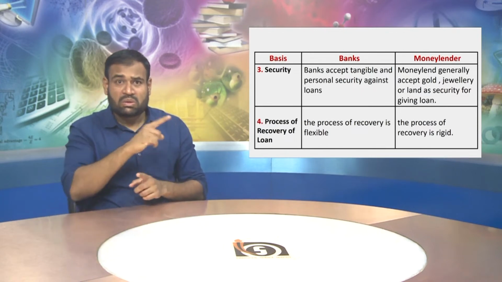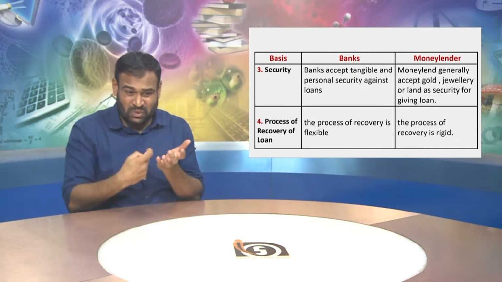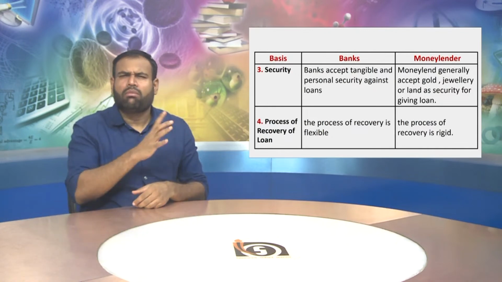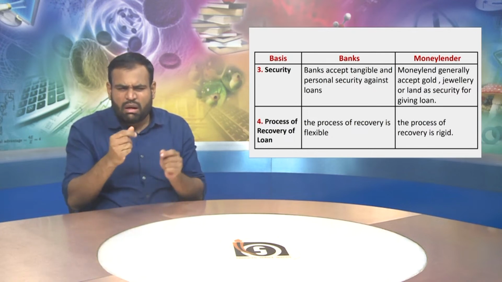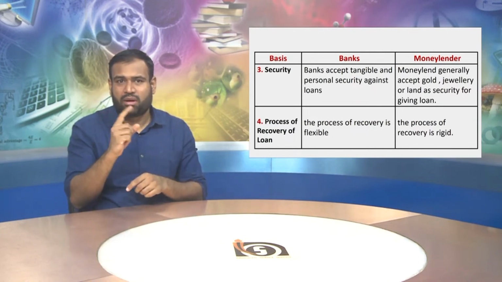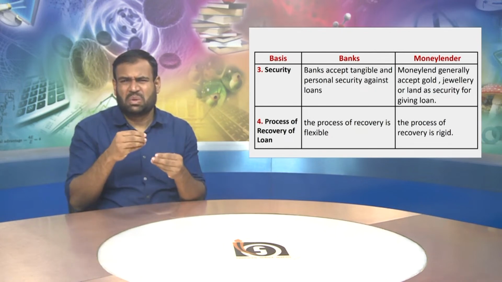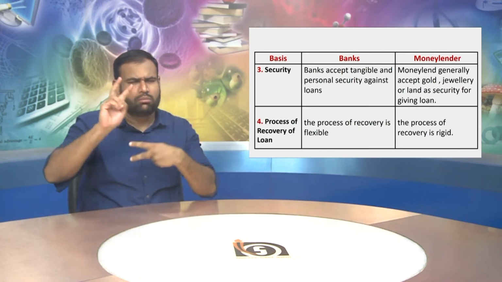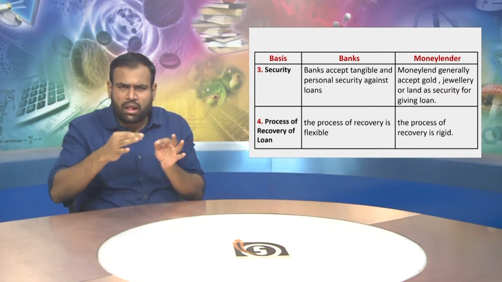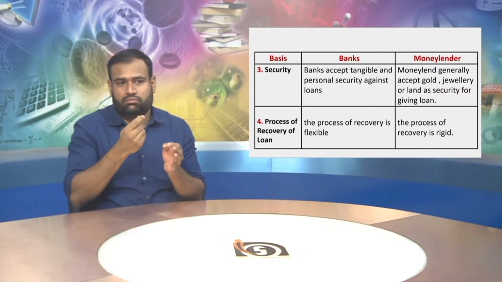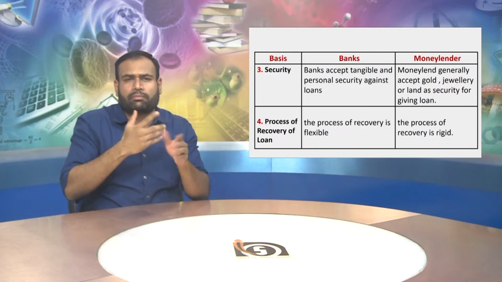The fourth point explains the process of recovery of loan. In banks, the process of recovery is flexible. We know that there is a certain rate of interest which we need to give, but that is not strictly to be followed.